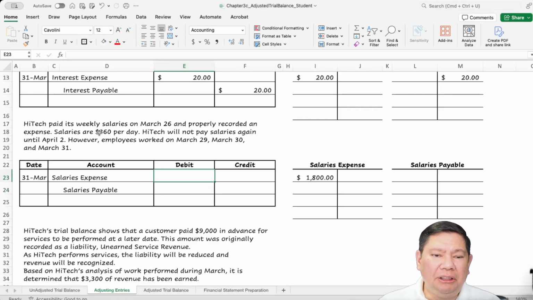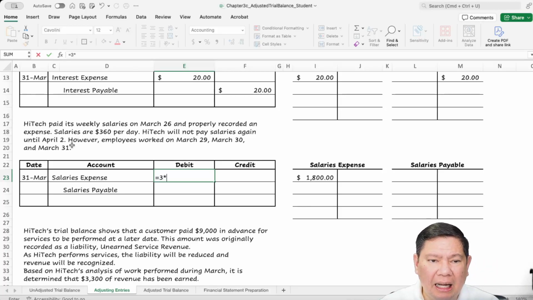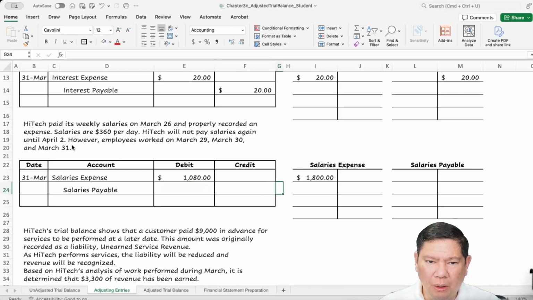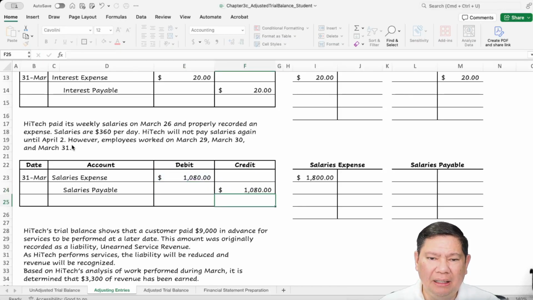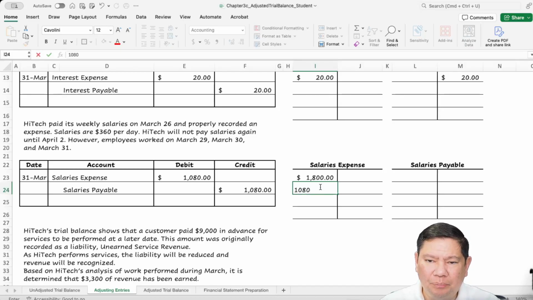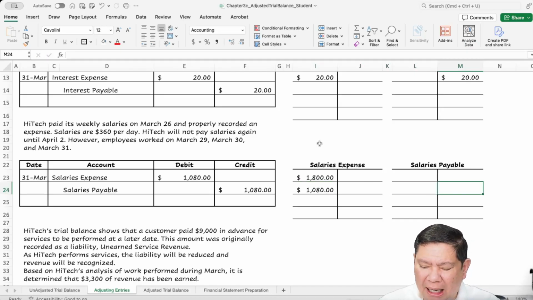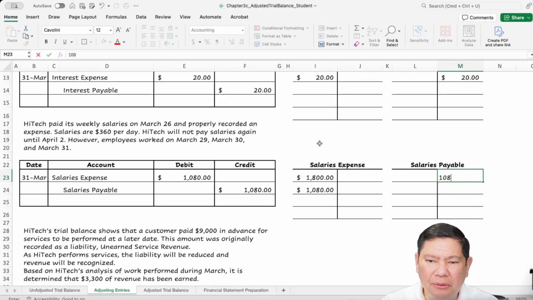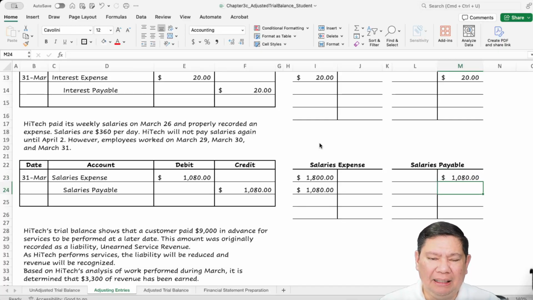Okay. How much? Employees worked on March 29, March 30th, and March 31st. So 3 days times 360 per day. So we owe 1,080. Okay, now salaries expense has been used before, so we just add it here, 1,080. But salaries payable has not been used, so it's a new account, 1,080. Okay, like that.